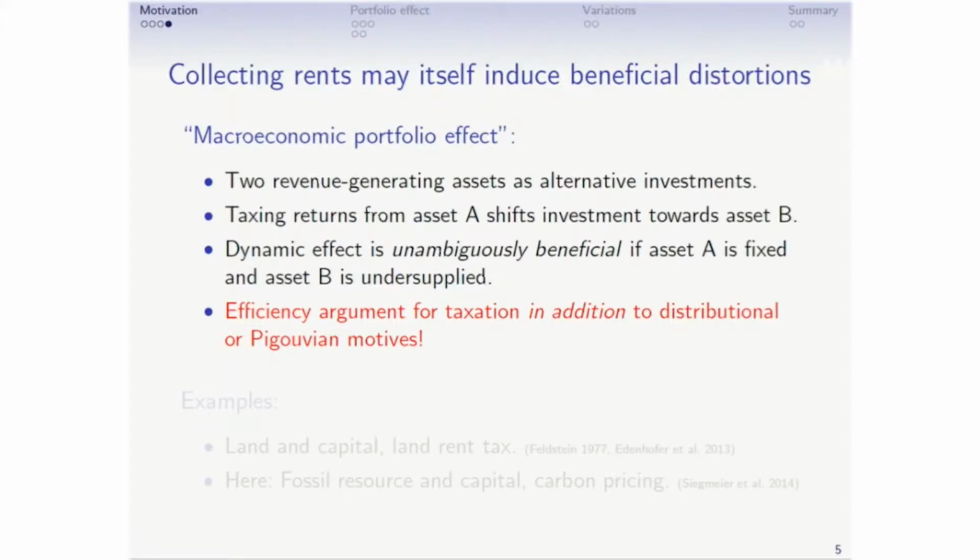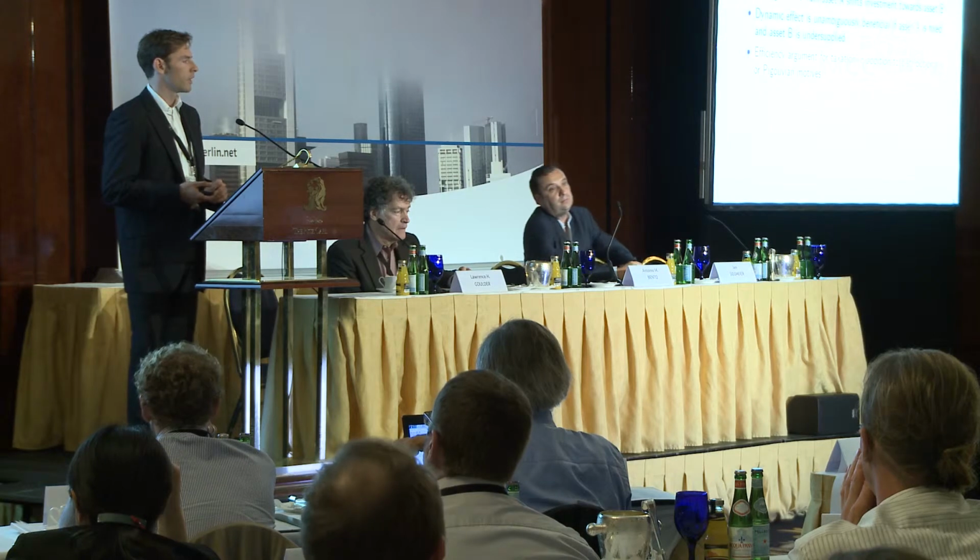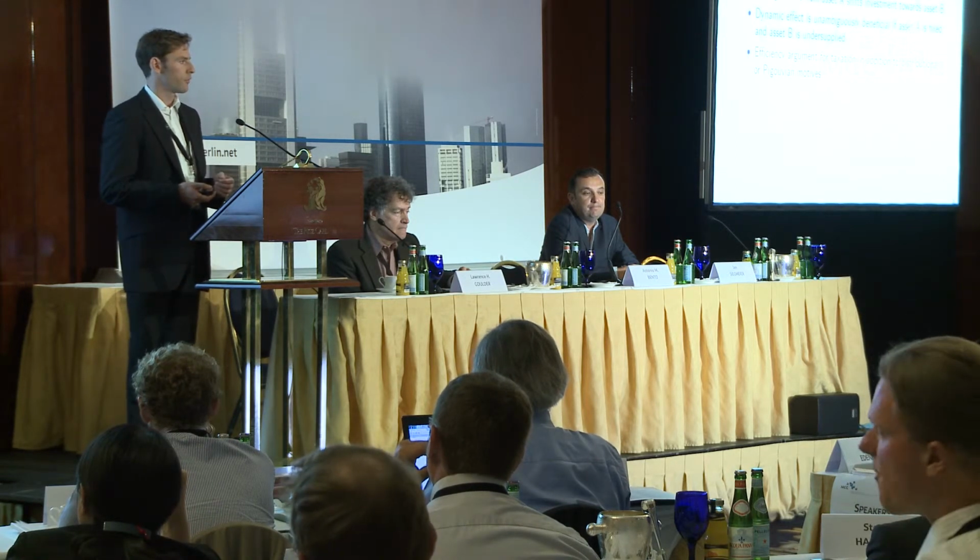And this dynamic effect is unambiguously welfare enhancing under two conditions. First, the asset you're taxing is in fixed supply. And second, the alternative asset that investment turns to is previously undersupplied. And this actually adds an efficiency argument for rent taxation, in addition to distributional and Pigovian motives.